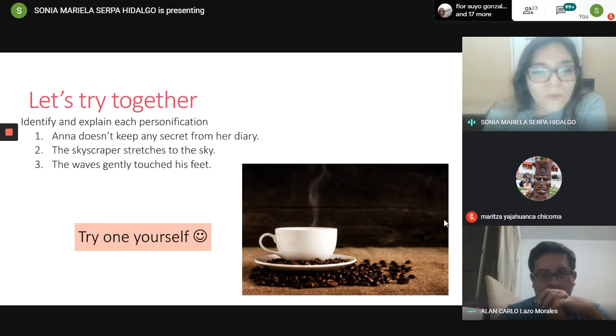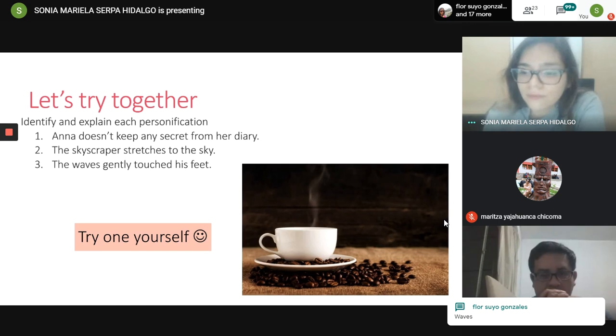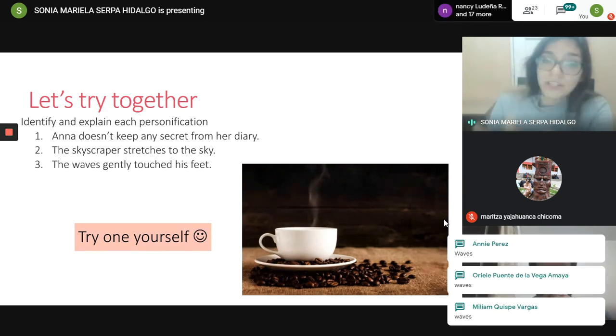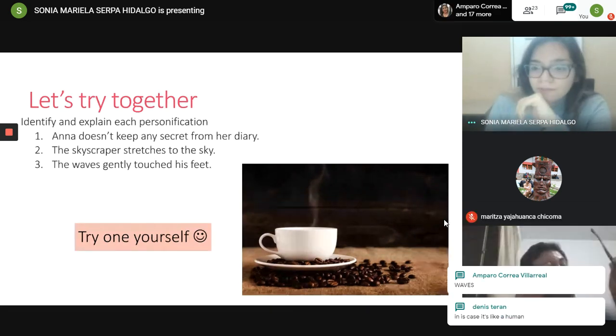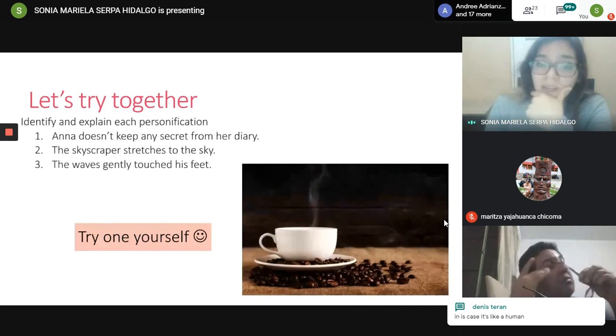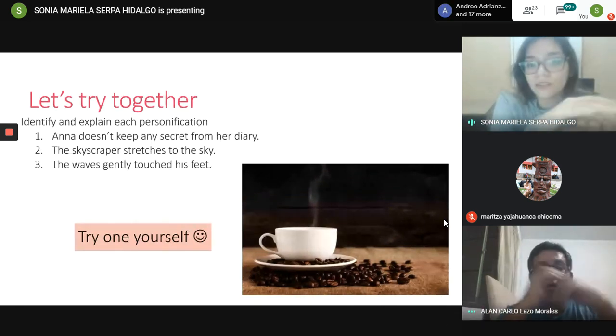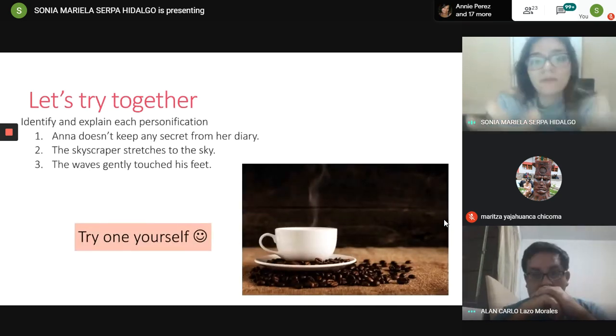And 3, the waves gently touched his feet. Waves, right? So the waves gently touched, right? As if it has any other way of touching, right? Like a human, right? Humans can touch. We can maybe hit, we can touch gently, right? But a wave, it just moves because it's not human.